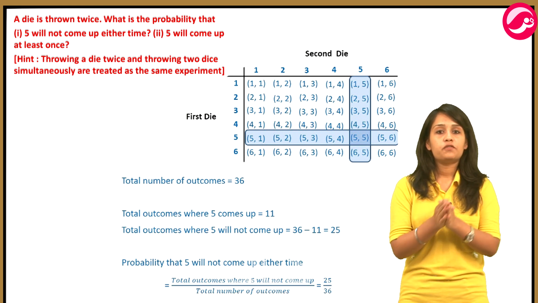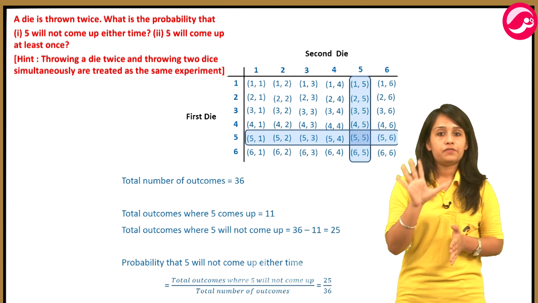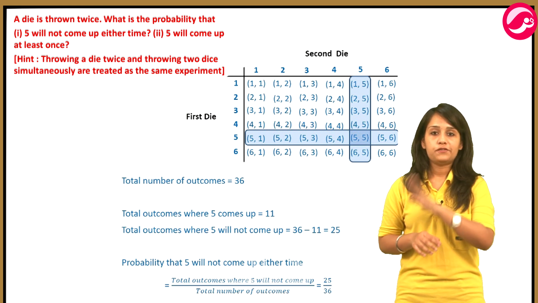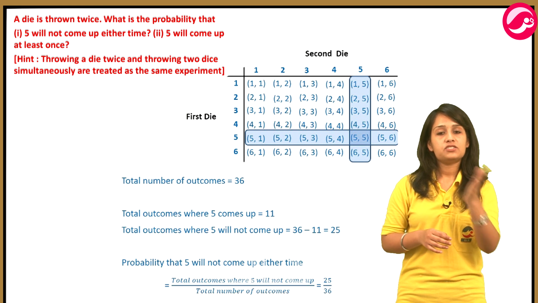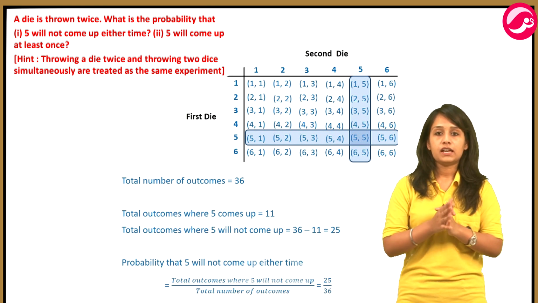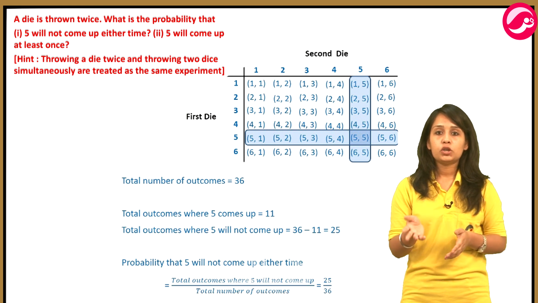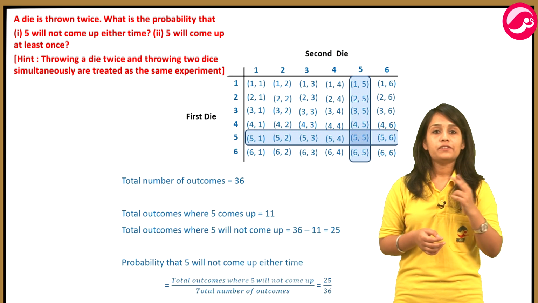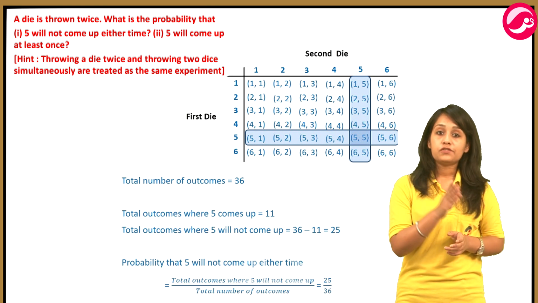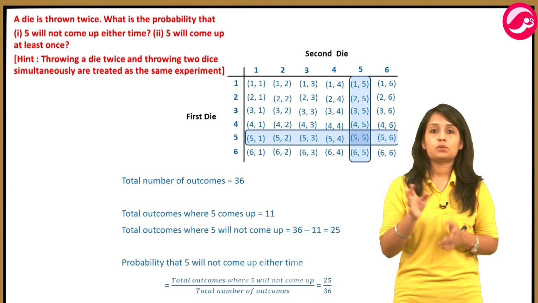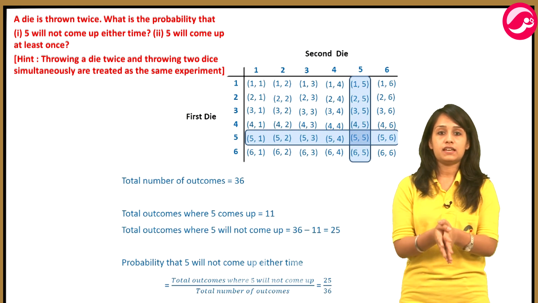अब total number of cases या outcomes when 5 comes up either time are 1,5, 5,1, या तो पहले 1 आ जाए नेक्स्ट टाइम 5 आ जाए, या पहले 5 आ जाए नेक्स्ट टाइम 1 आ जाए, या 2,5 5,2, 3,5 5,3, 4,5 5,4, 5,5 that is दोनों बार 5 आए, या 5,6 6,5, that is total of 11 cases.